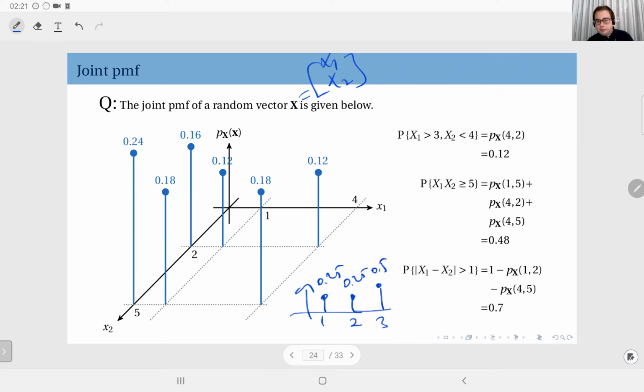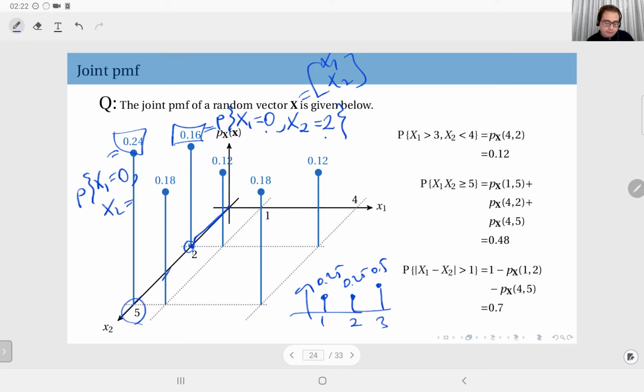The same goes here. The only difference is we now have two components. So you see here, this point is X1 equals 0 and X2 equals 2. So 0.16 is the probability that X1 takes the value 0 and X2 takes the value 2. This is the joint PMF evaluated at the point (0, 2). And this one is the probability that X1 takes the value 0 and X2 takes the value 5.